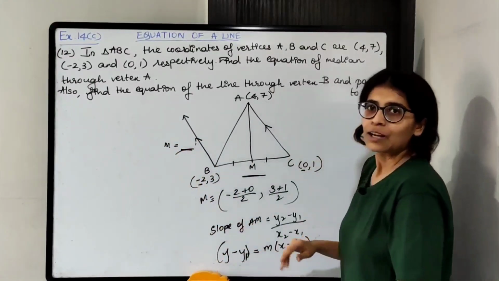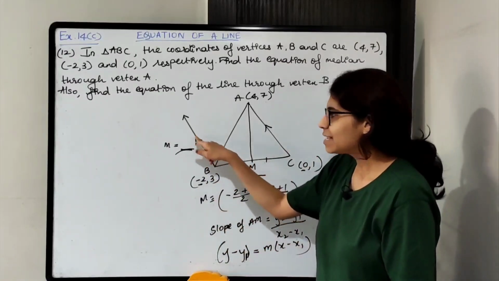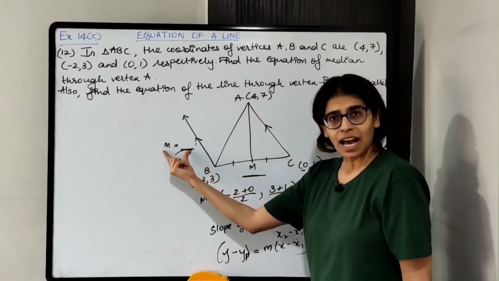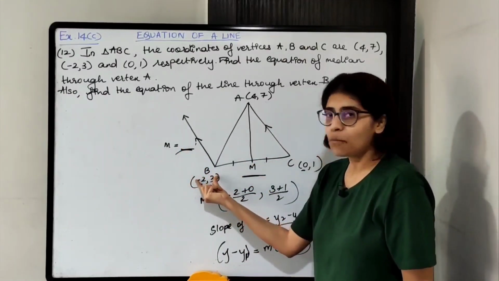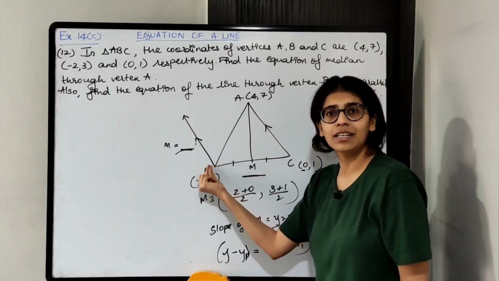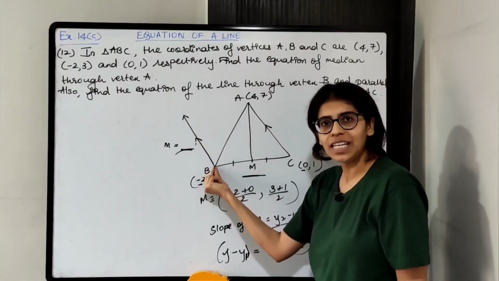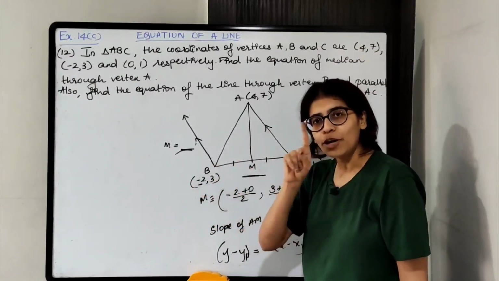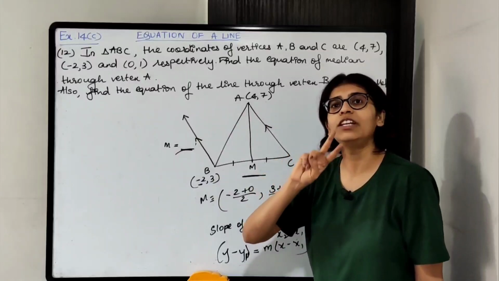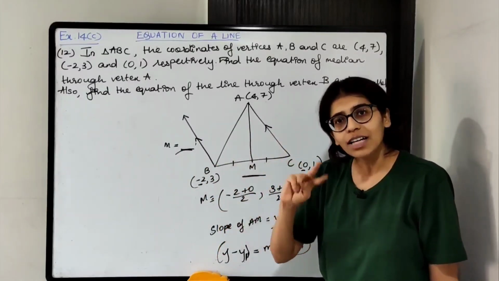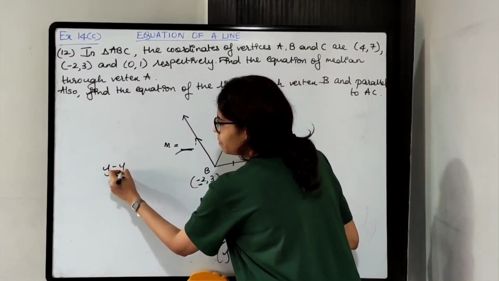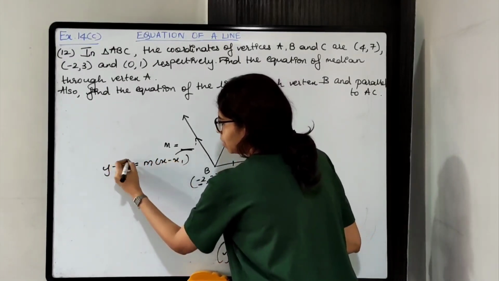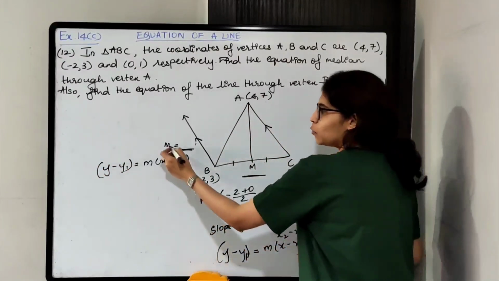Okay. Once you get the slope of this line, इसका equation find out करना बहुत easy है because we have the slope and we also have a point which is lying on this line because this line is passing through B, so B का coordinates पता है. So you know one point का coordinates, you know the slope, so we'll use point slope form. Again point slope form is same, y minus y1 equals to m into x minus x1. Okay, so m तो मिल जाएगा.